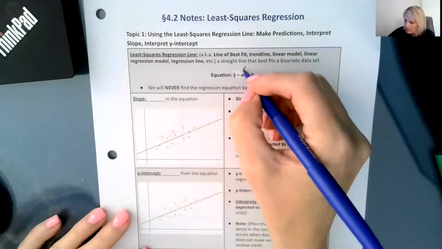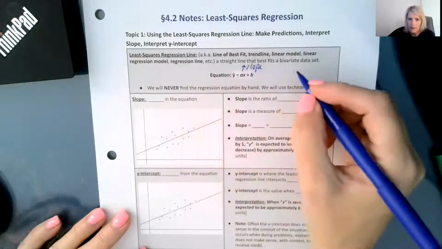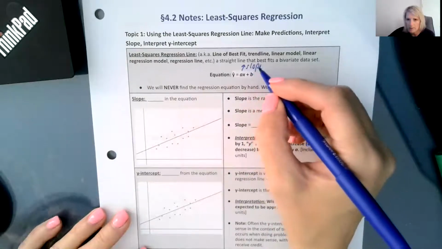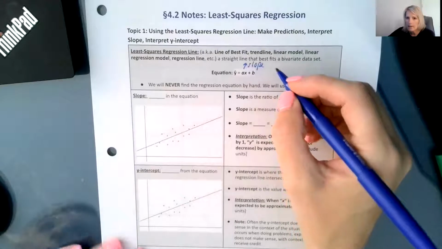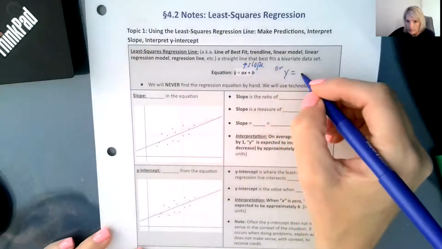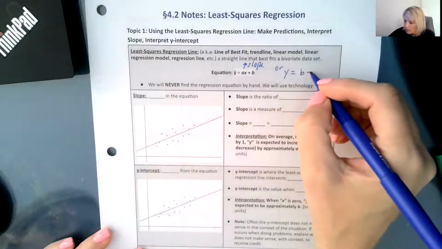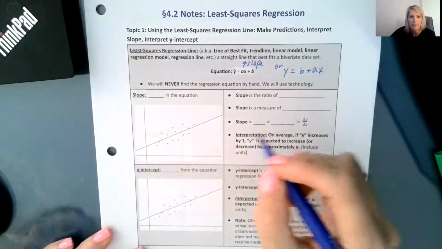This is our slope, which is A. It's how the variables change. Sometimes in StatCrunch, this B will come first, and then it's the slope times the independent variable.